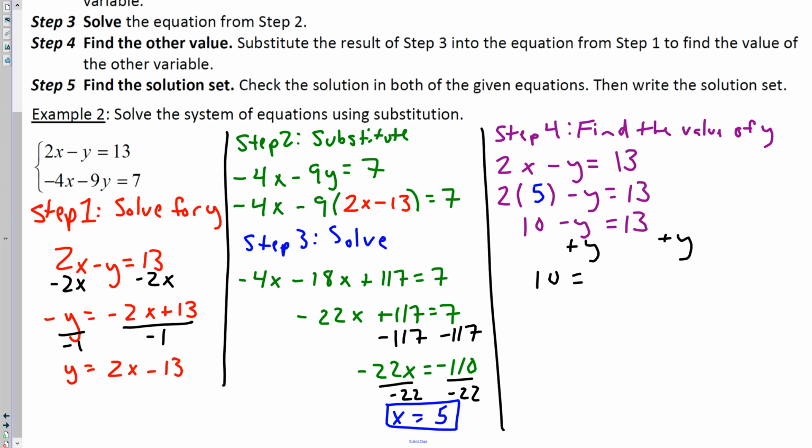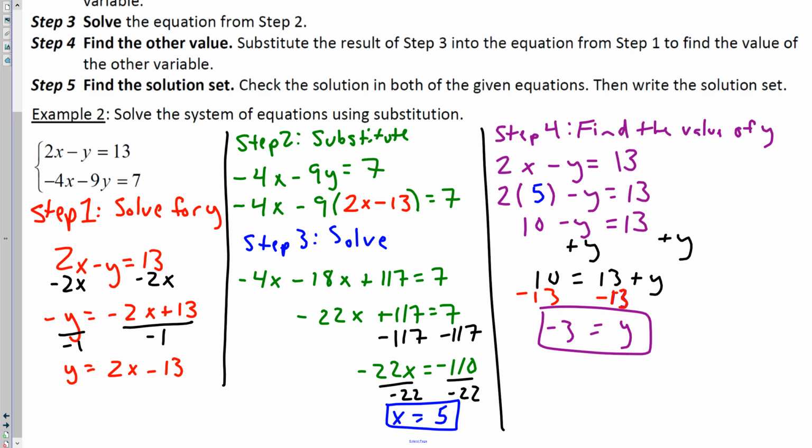Get 10 equals 13 plus y. And then subtract the 13 over. And so y equals negative 3. And that's our other solution. That's the value for y.